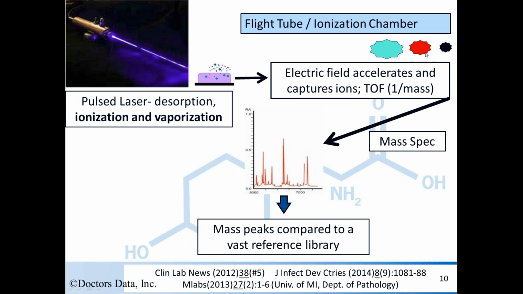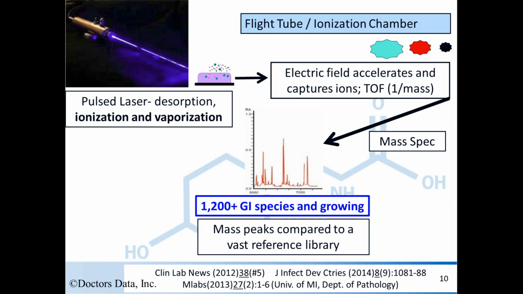So the smaller proteins reach the mass spec detector at the back end of the instrument before the larger proteins, and that enables separation of the different protein peaks by the mass spec. And then the unknown peaks are immediately compared to the reference database, the peaks for known microbes in the database.